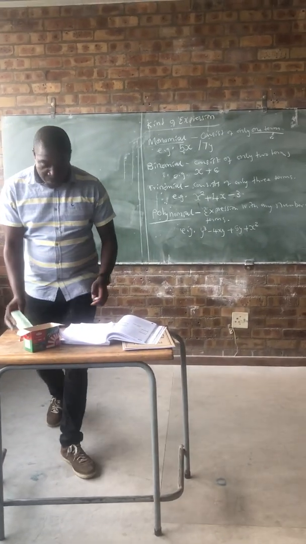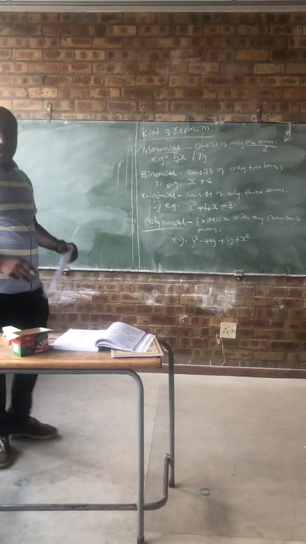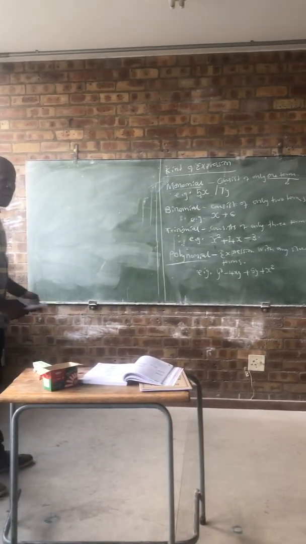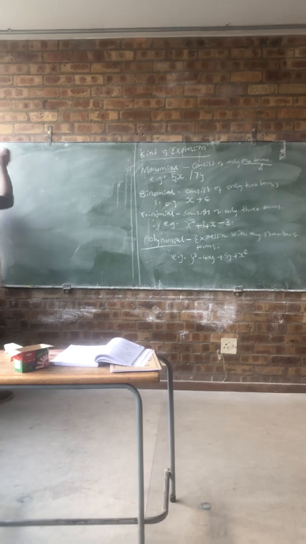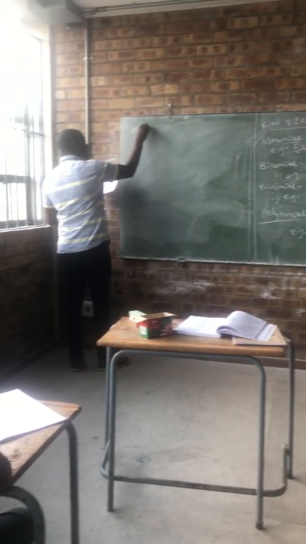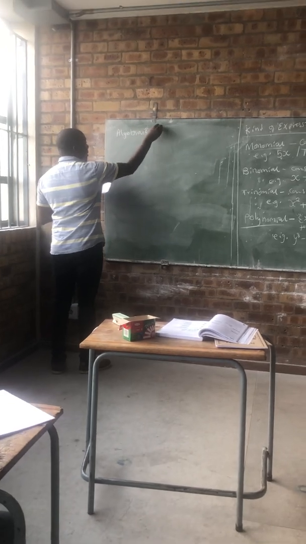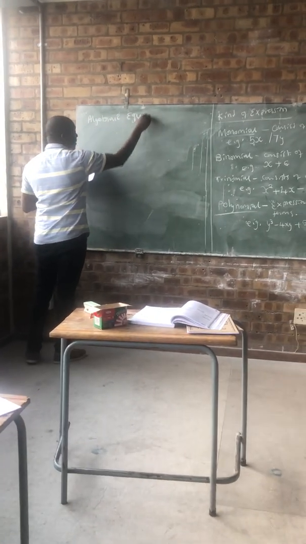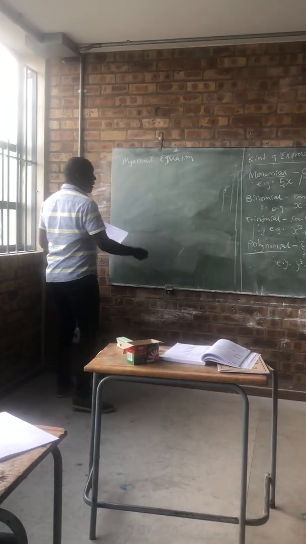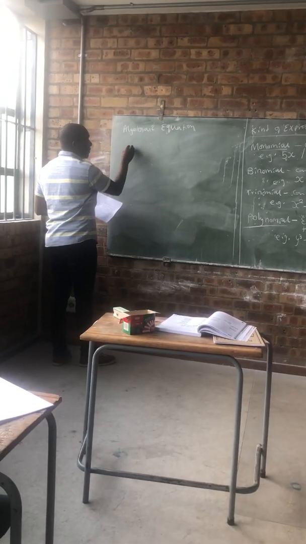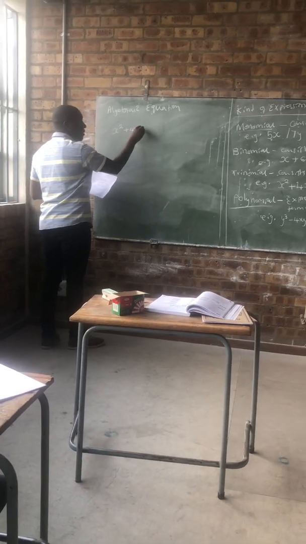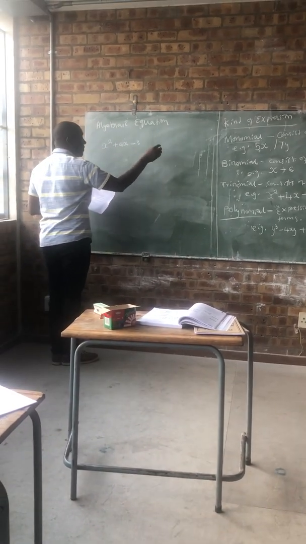On the equation, I'm not going to waste much time because the equation and expression are almost the same. So let's say now an algebraic equation. Let me start by writing x squared plus 4x subtract 3.